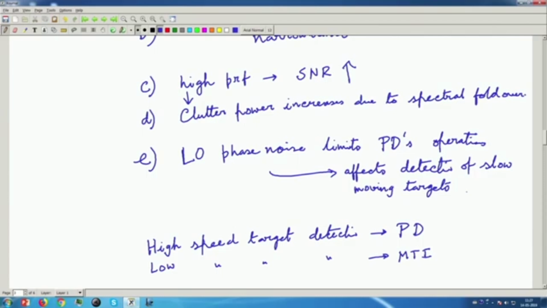If you have low speed detection, then you forget about these high speed targets and go for MTI. This is the clear cut distinction. Now, basically the burden is on signal processing.